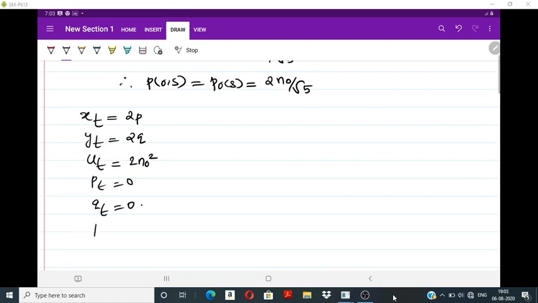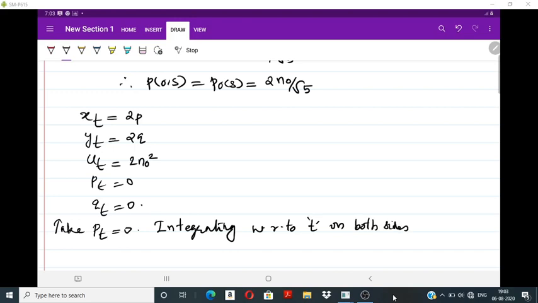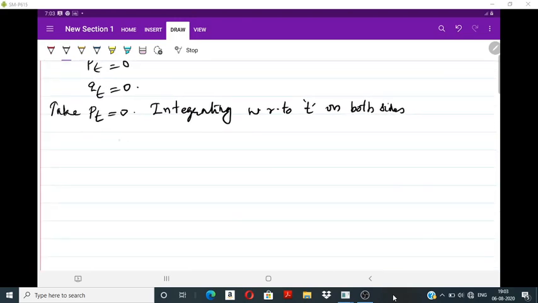Now p t equal to 0, we take the first equation. Then integrating with respect to t on both sides, we get p of t comma s, in two variables, is equal to some function of s, some constant that is a function of s.